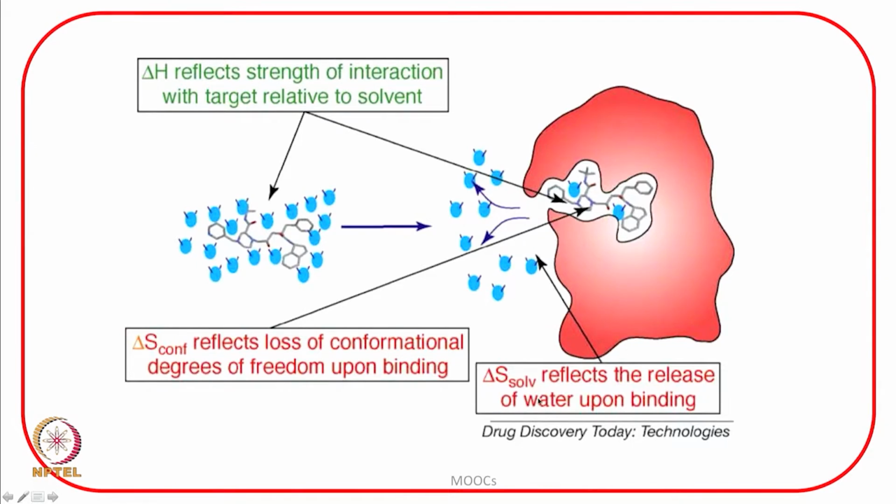And delta S solvation reflects the release of water upon binding. So, there are two phenomena that we need to consider here. One is the removal of water molecules, that is desolvation, for which energy is required, and the release of water molecules, which gives back an increase in entropy.